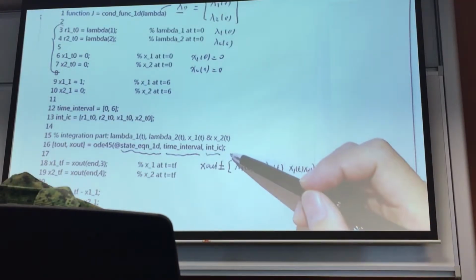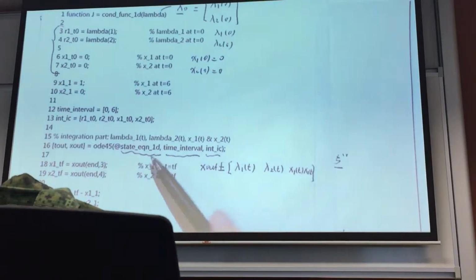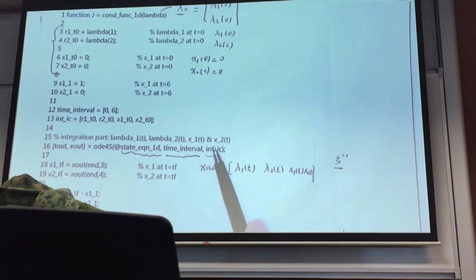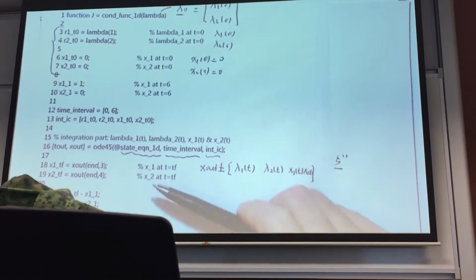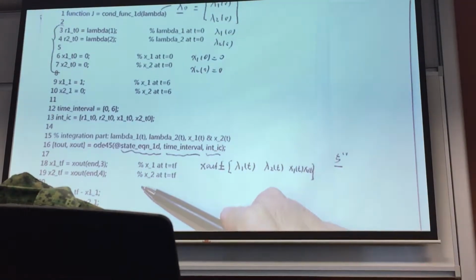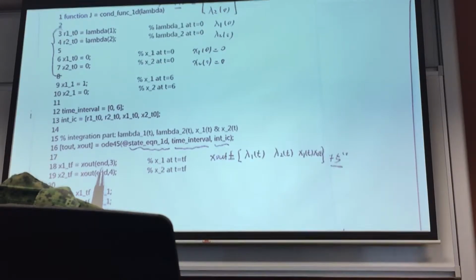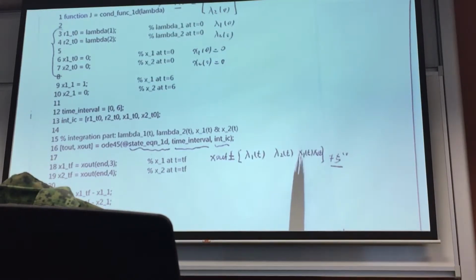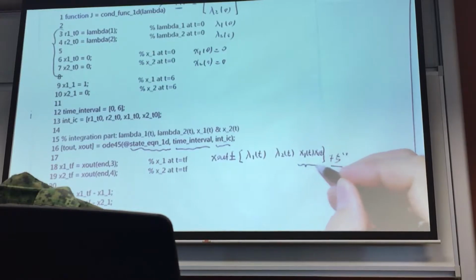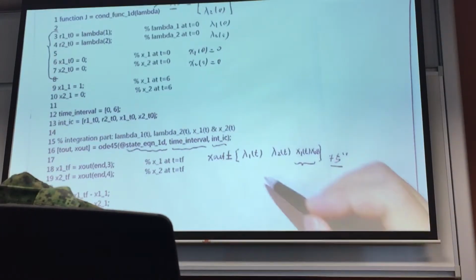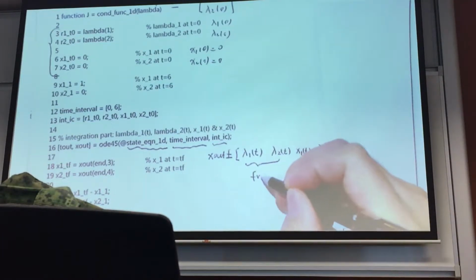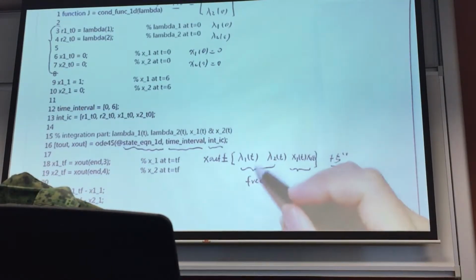So far we have used the state function and the initial condition and solved the differential equation. Next we need to check whether the final condition has been met. So we check the final value in this trajectory. We know these two are free, we don't care.